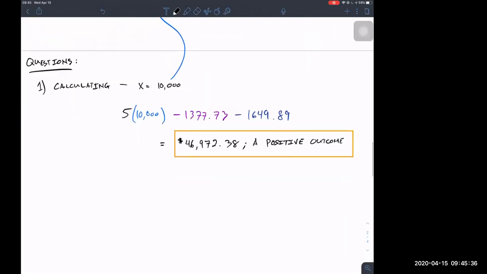So here's question number 2, but first I'm going to note that obviously this 46,000, nearly 47,000, that's a net in your favor, for this fictitious business that you have. You made $47,000 in the first month.